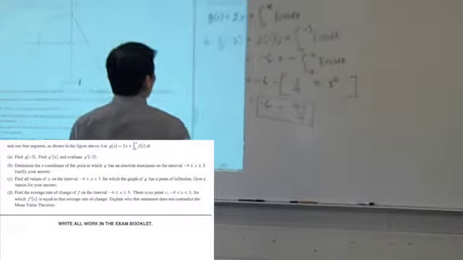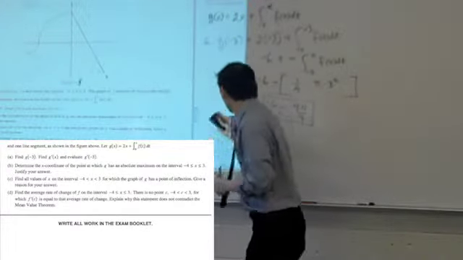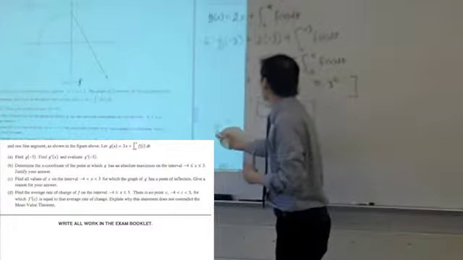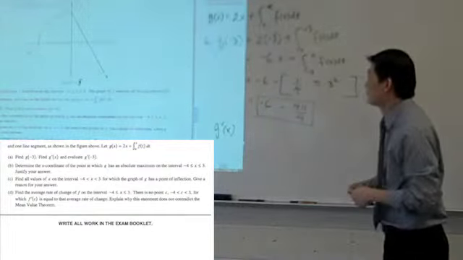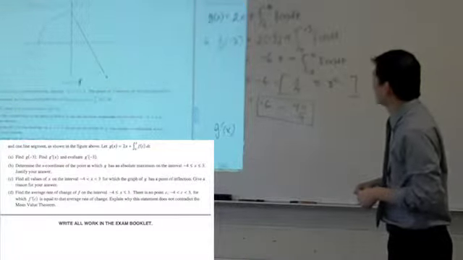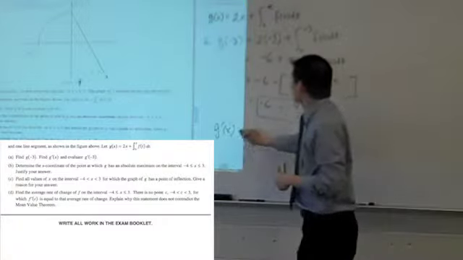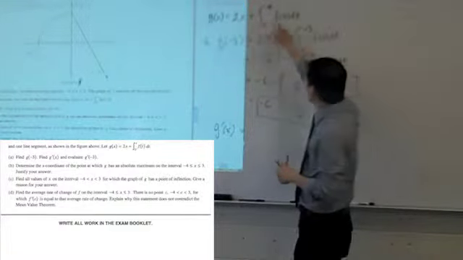Okay, next. G prime of x. You say, well, what's g prime of x then? Well, g prime of x is the derivative of g, and g is defined by this.